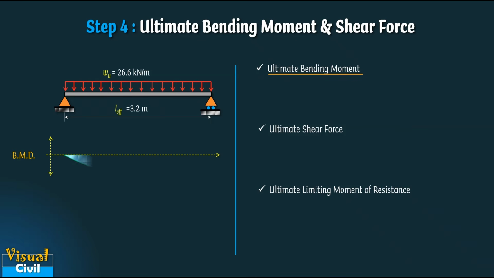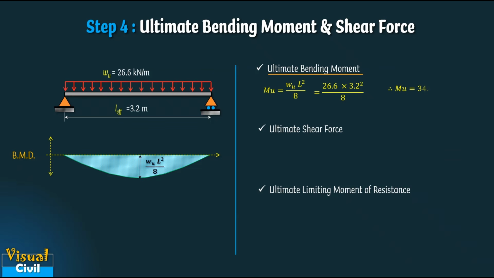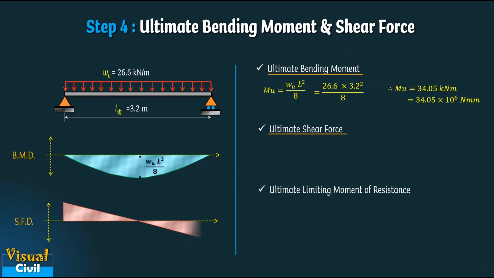The maximum bending moment for the simply supported beam is WL square by 8 at midspan. By putting the value of design load and span, we get Mu equals 34.05 kilonewton meter. Next, compute the ultimate shear force, which is equal to WL by 2. We get Vu equals 42.56 kilonewton.